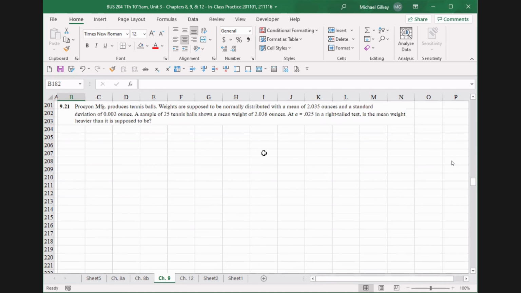In a future class, they wouldn't say right-tailed test. They'd probably only ask, is the mean weight heavier than it's supposed to be? And you'd be able to figure it out. So what you need to do is ask, what's the interesting case? As long as the mean weight is 2.035 ounces, you're sitting back with your feet up on your desk doing nothing, playing games on your phone.